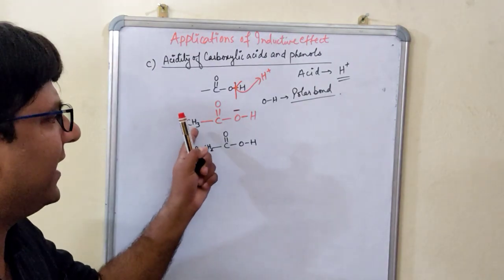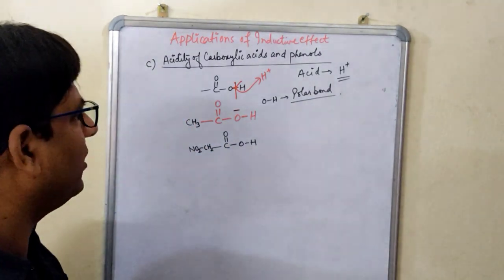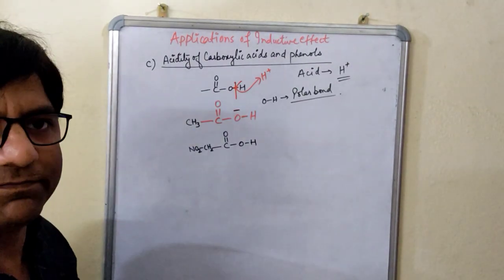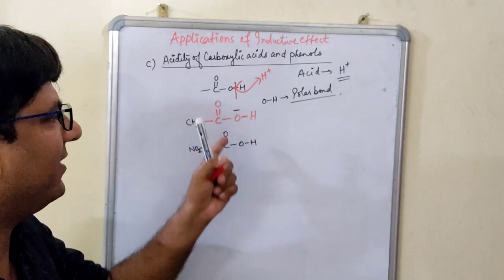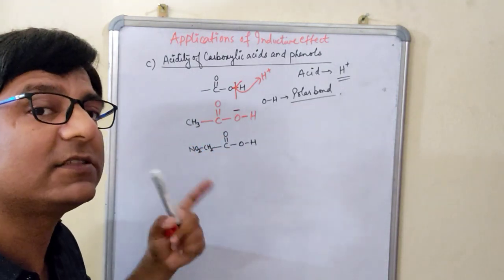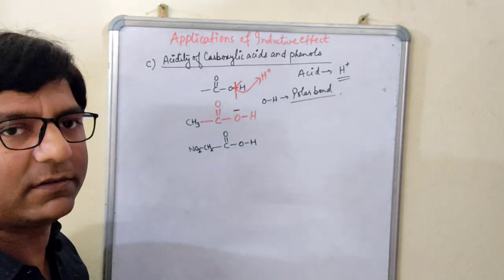One hydrogen I have taken out and replaced with the NO2, right? Now for the two instances, I don't know which is more acidic, though both have the acidic group, which means they are acids.